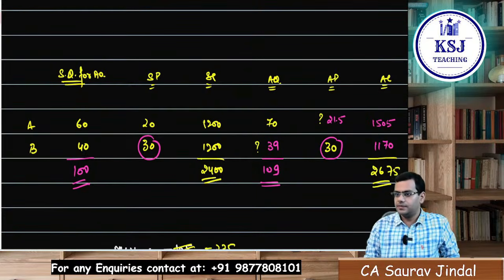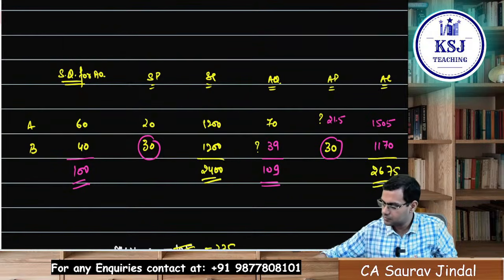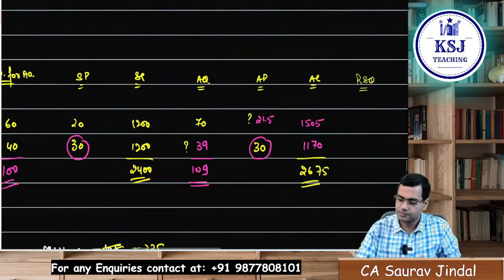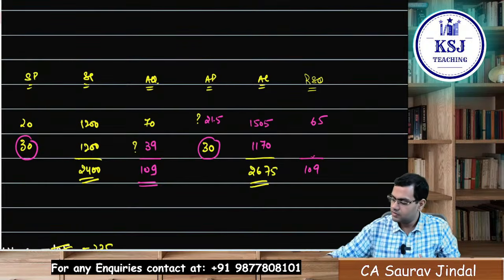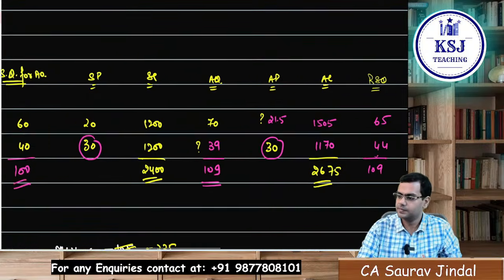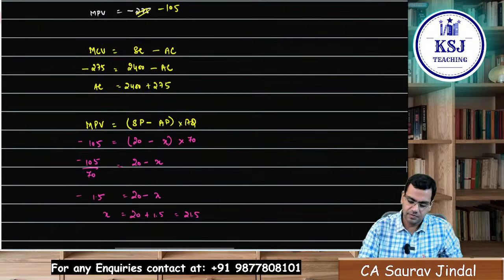Now correct. So here 109, here you have 65. 109 minus 65, that is 44. Now correct, sir.